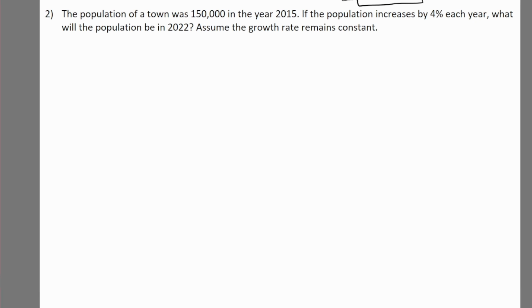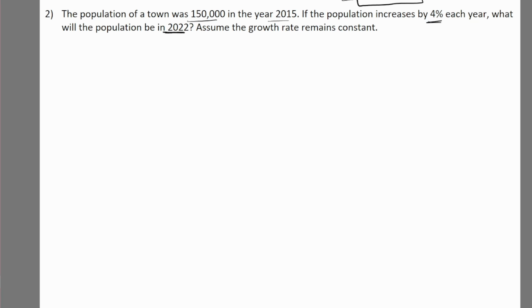All right. The population of a town was 150,000 in the year 2015. If the population increases by 4% each year, what will be the population in 2022? Assume the growth rate remains constant.